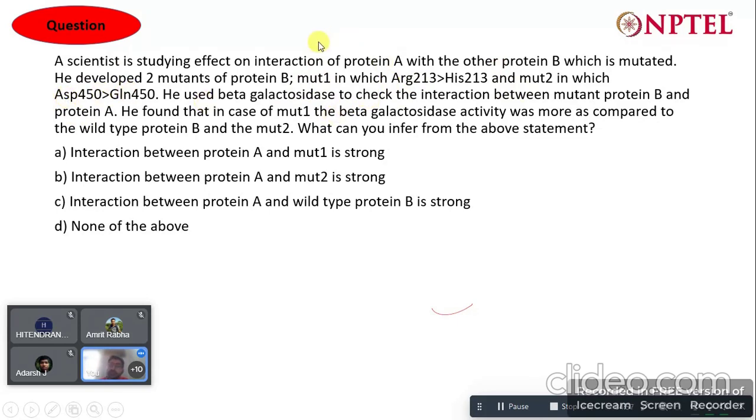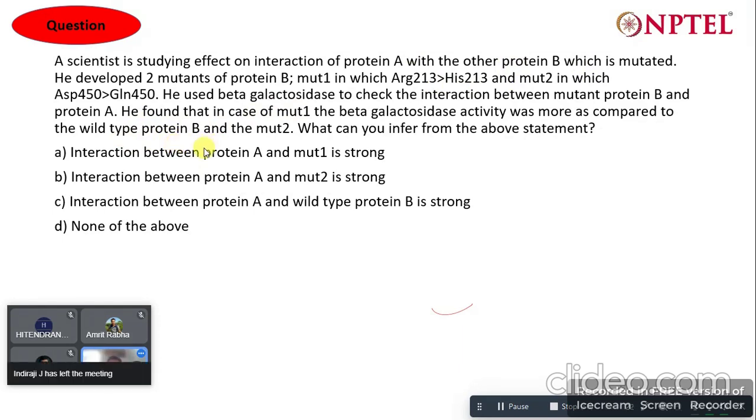So he used a yeast two-hybrid assay, using mut1 interacting with protein A. The beta galactosidase activity was more as compared to the wild type protein. Wild type protein is the one that does not have any mutations. Okay, so protein B has the normal sequence and has no mutations.